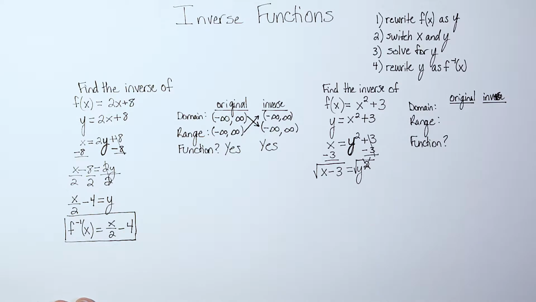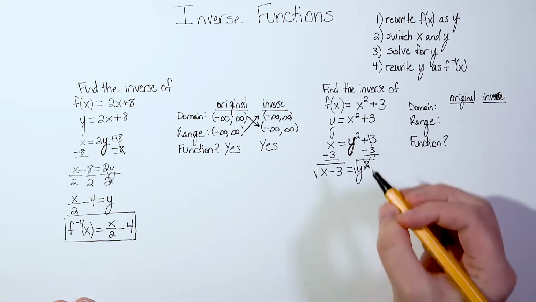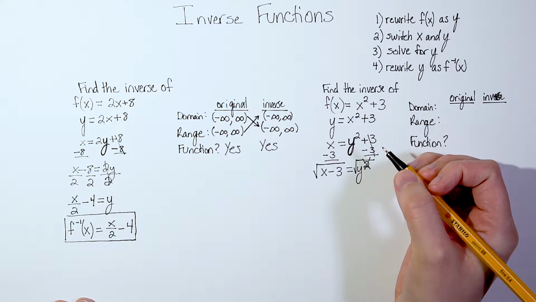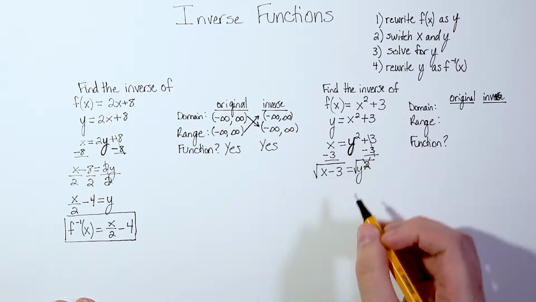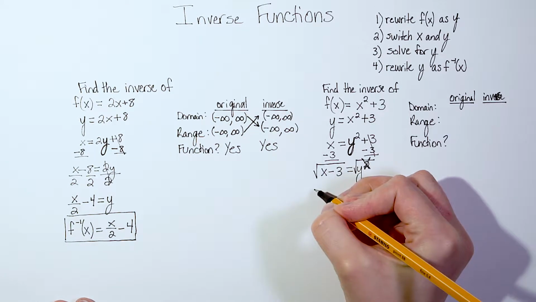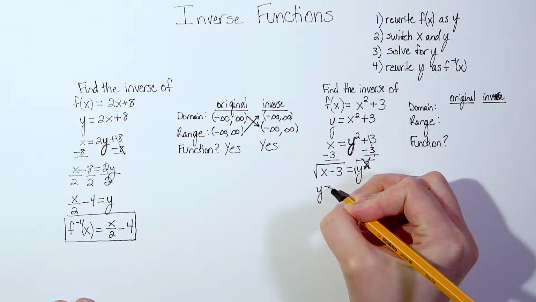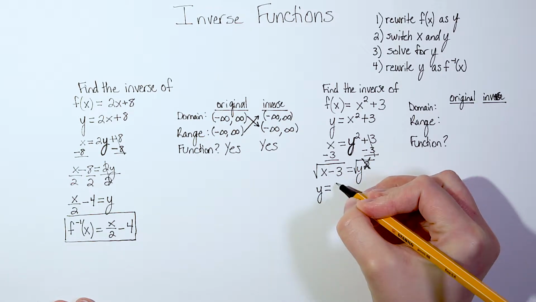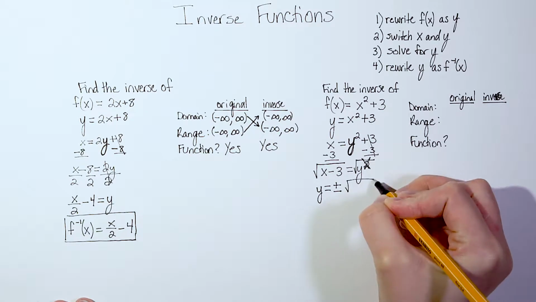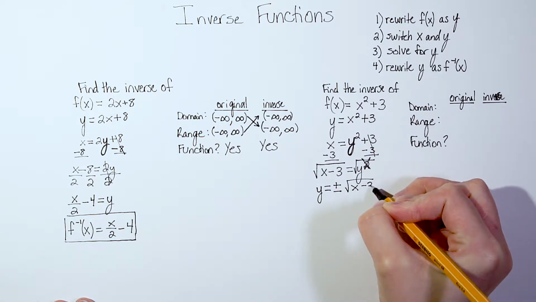Now what's important to remember is that anytime we take the square root, we are left with the positive and the negative version of that answer, okay? So let's rewrite this. So our y is isolated at this point. I got rid of the little 2, right? So I have y equals the positive and negative version of square root of x minus 3.